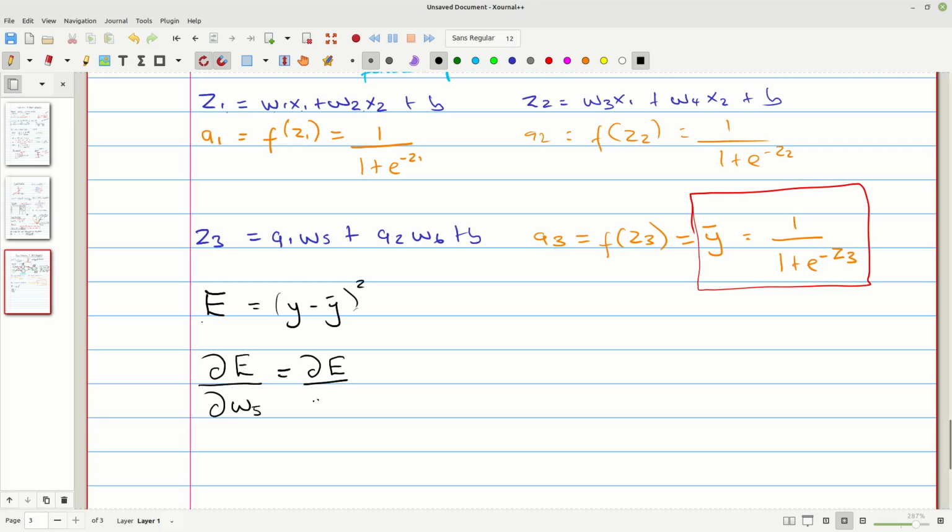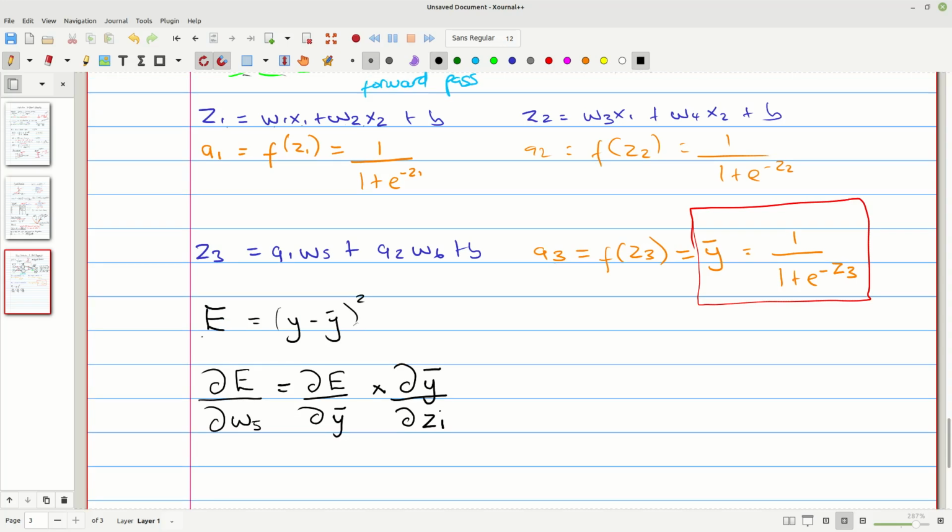the derivative of the error with respect to y bar, times the derivative of y bar with respect to z3. Sorry, not z1, it's z3 in this case. And why can we say that? Because y bar is equal to 1 over 1 plus e to the minus z3 here. So we have this expression, which means we can take this derivative.